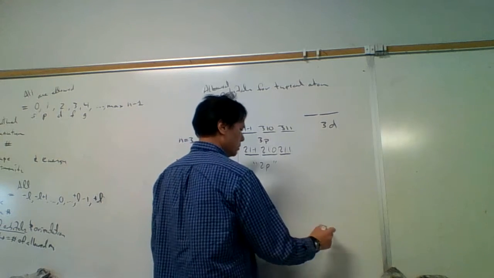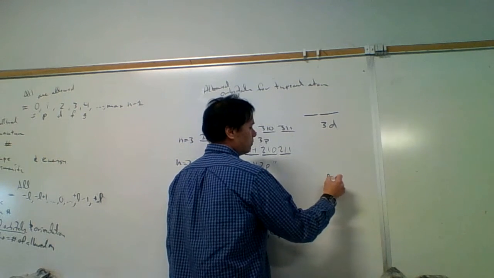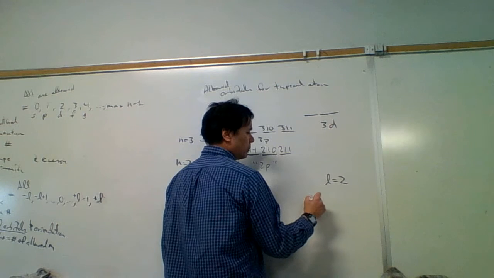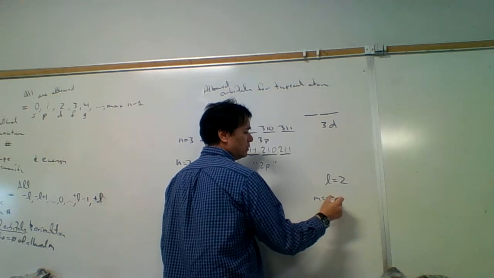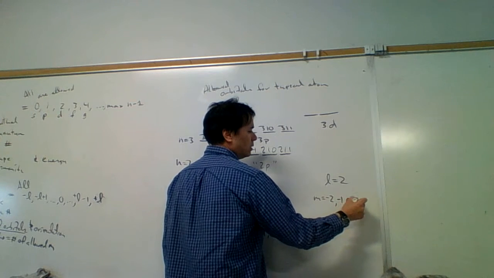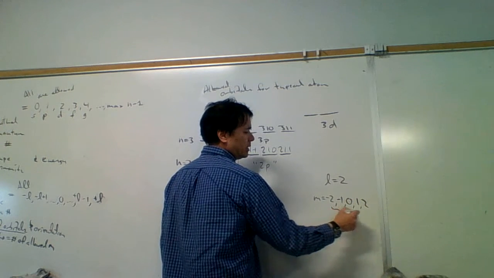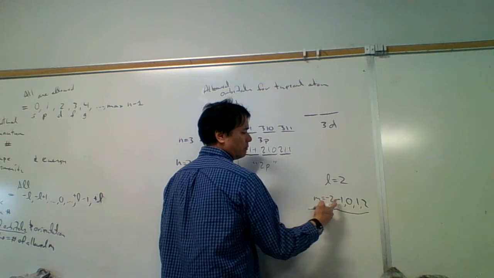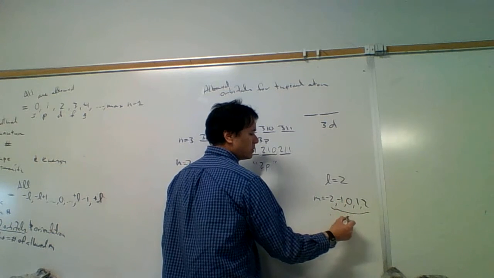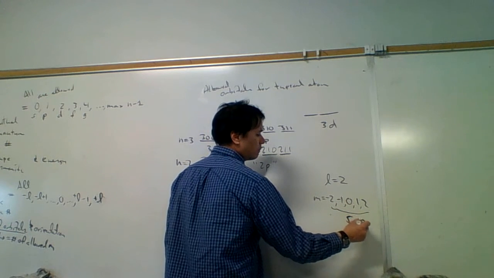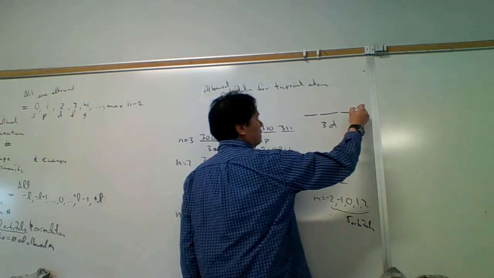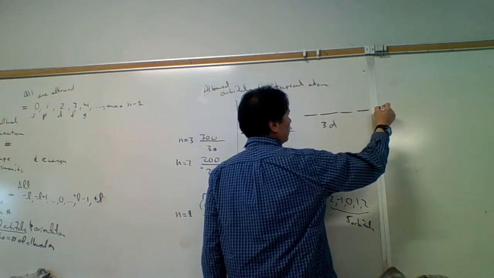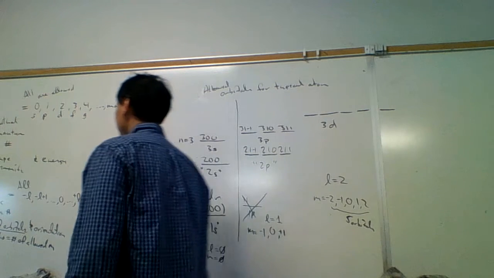L equals 2, and therefore my M values are going to be -2 to +2. So it's going to have -2, -1, 0, 1, 2. And so how many is that? That's 5 allowed M values. So that's 5 orbitals, represented by 5 lines here.